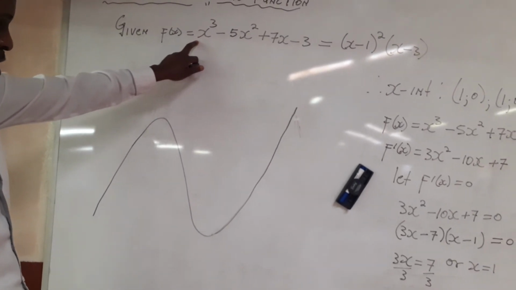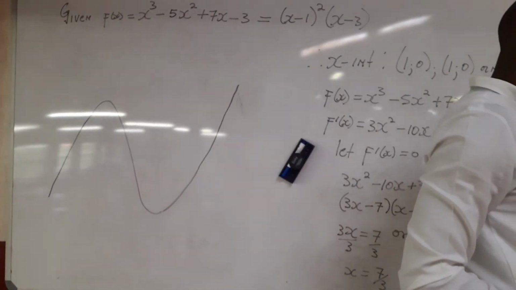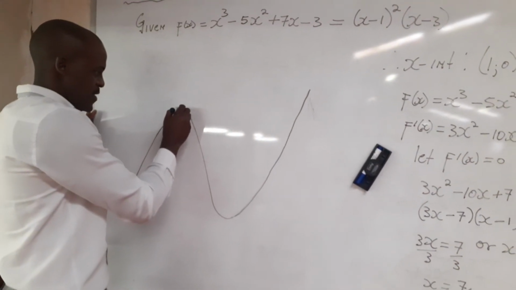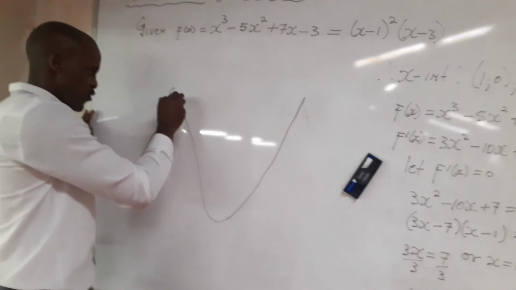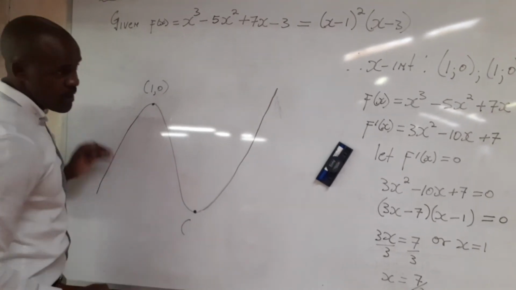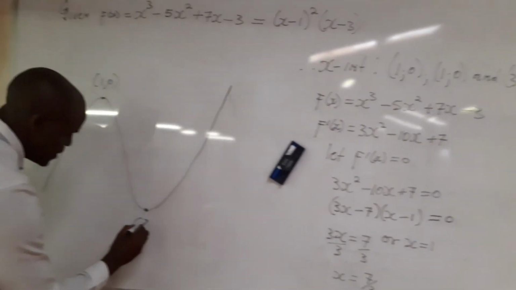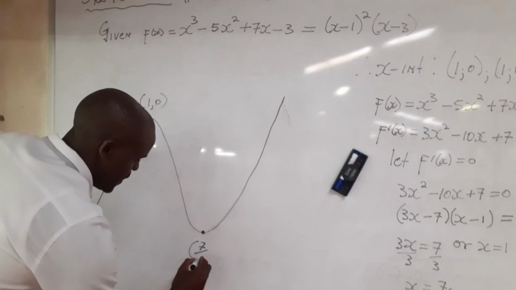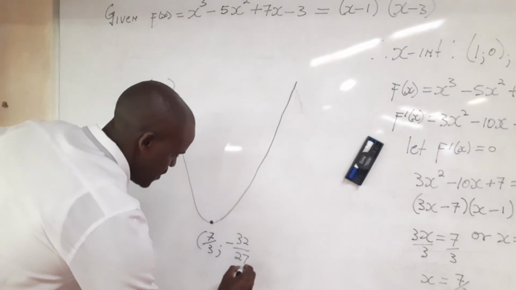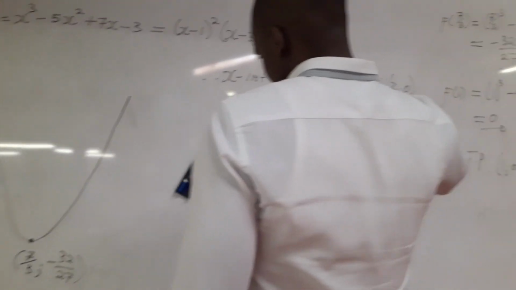And it has got a turning point where y is equal to 0, which means this is our x-intercept and at the same time there will be a turning point, (1, 0). The other turning point down there is (7 over 3, negative 32 over 27). What about the y-intercept? The y-intercept is negative 3.